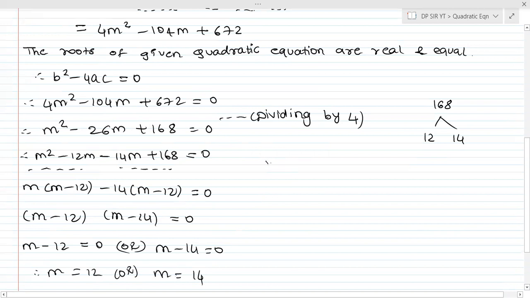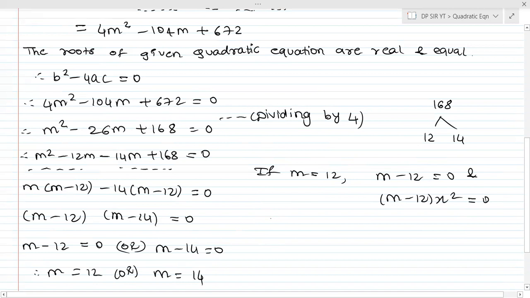So let me take the first case, that is if m is equal to 12, then m minus 12 is equal to 0. And if m is equal to 12, m minus 12 is equal to 0, and m minus 12 x square is equal to 0. So if such things happen, a should not be equal to 0.